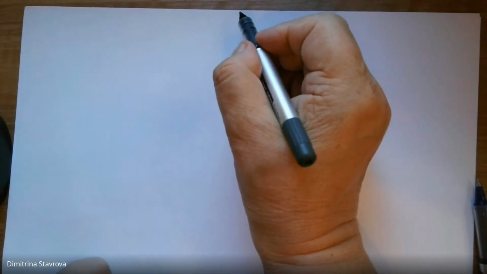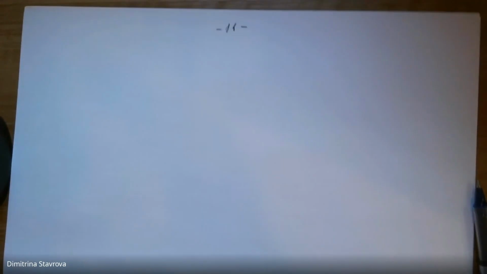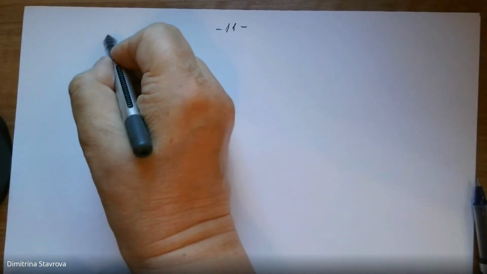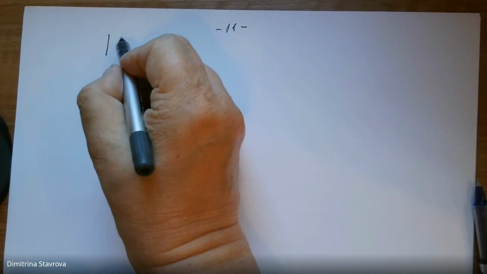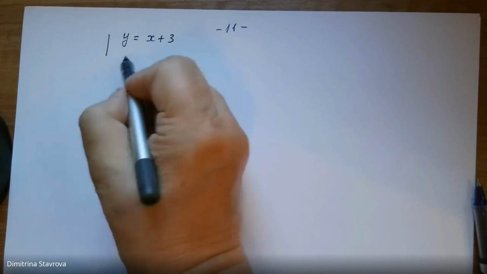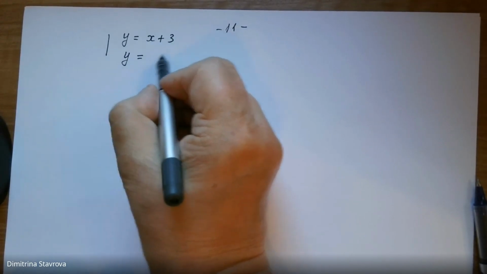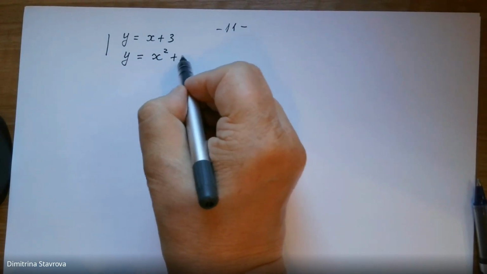Without going into much detail, we can similarly draw cases of similar systems. So let's say we have y equals x plus 3 again, and y equals x squared plus 2.